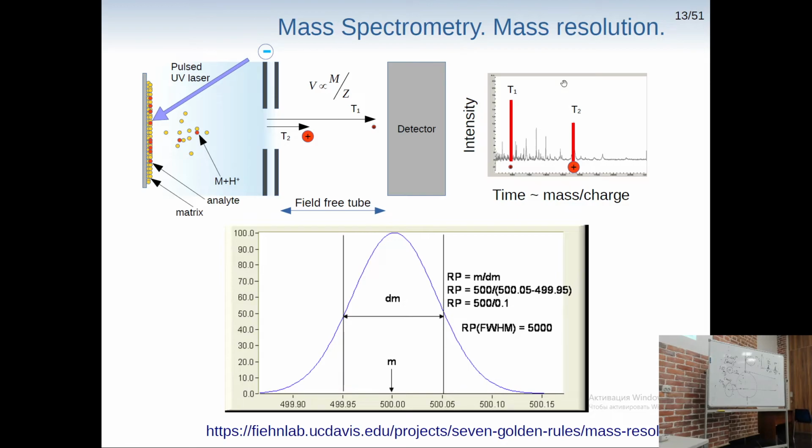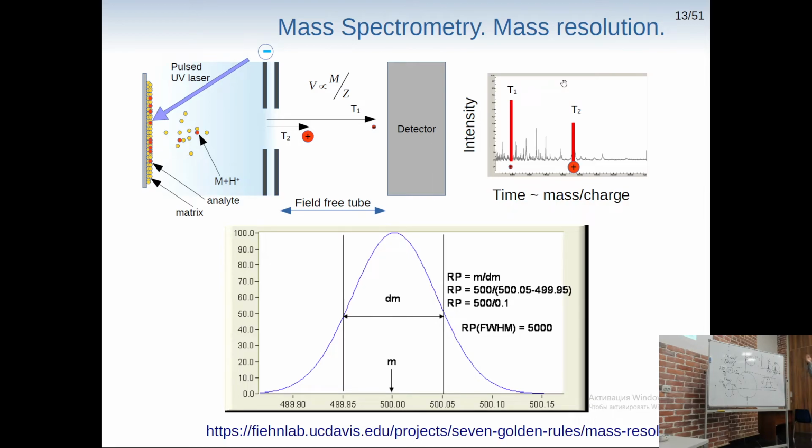And how can we describe this resolution in some terms? If we zoom in on this part of the graph, what we'll see is that we have some distribution which has a Gaussian form. And for a Gaussian, we can take half of the height, and measure the width at that point.